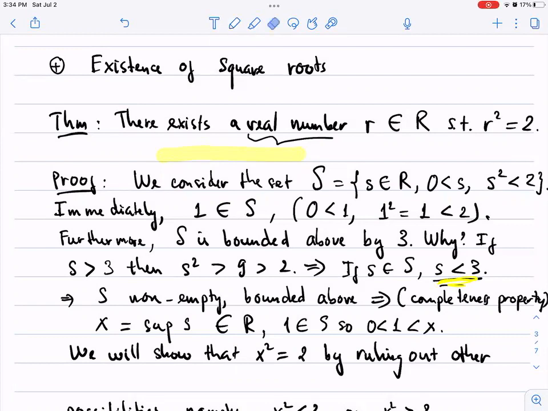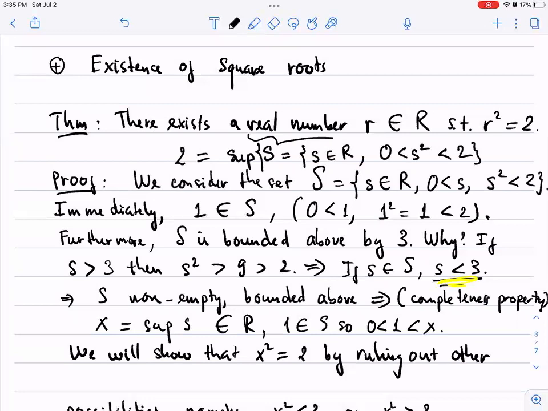The key idea here is that the number r we are looking for is exactly equal to the supremum of the set S. And the set S here is defined as the set of all real numbers x such that 0 is smaller than x squared, which is smaller than 2.